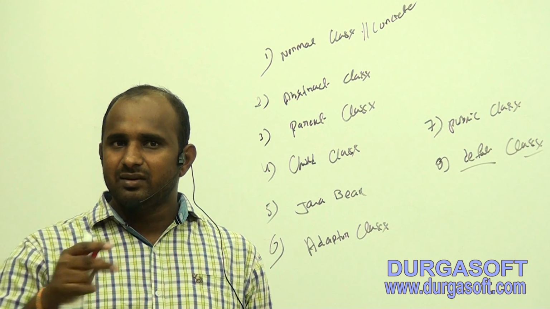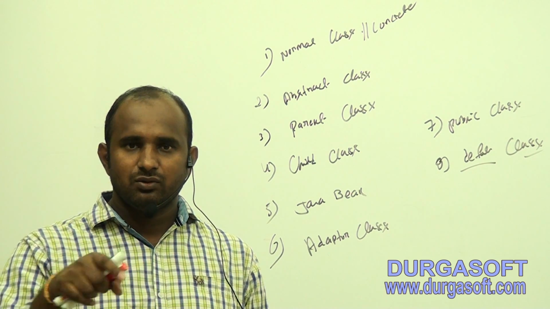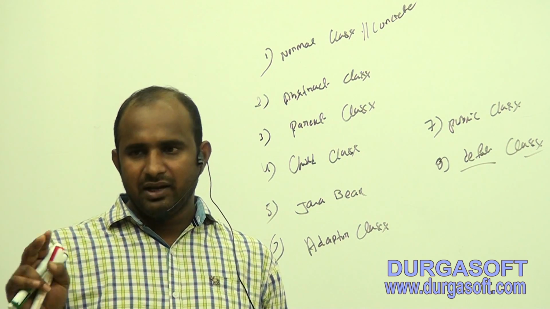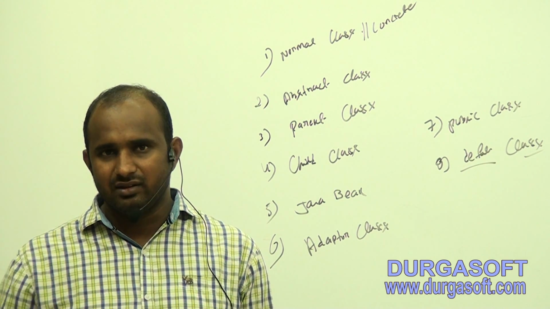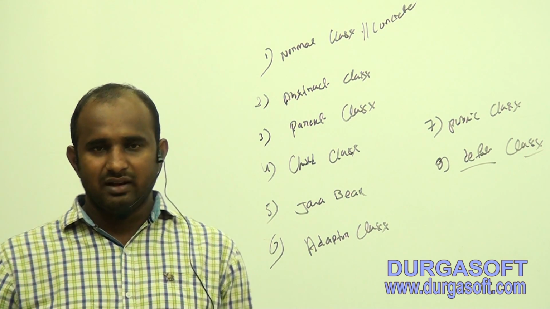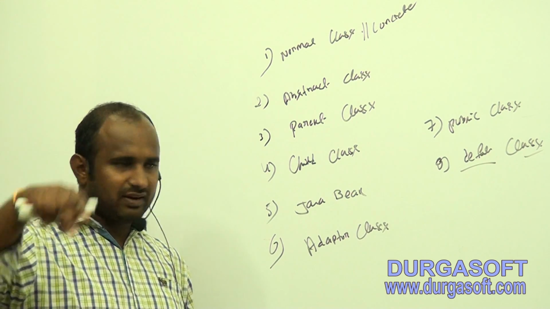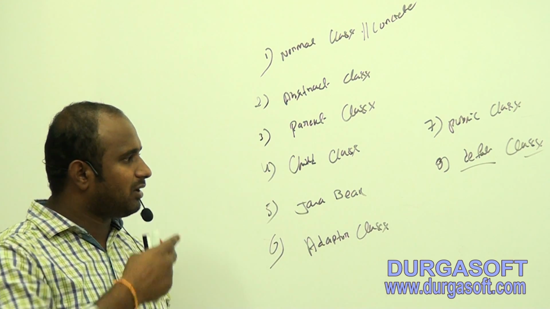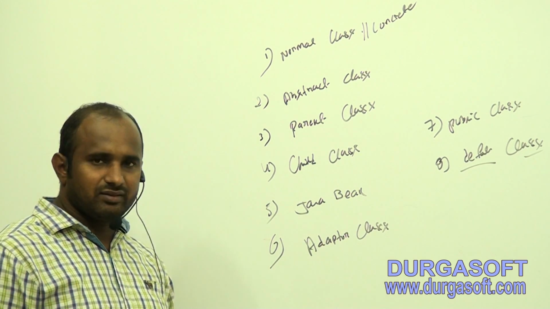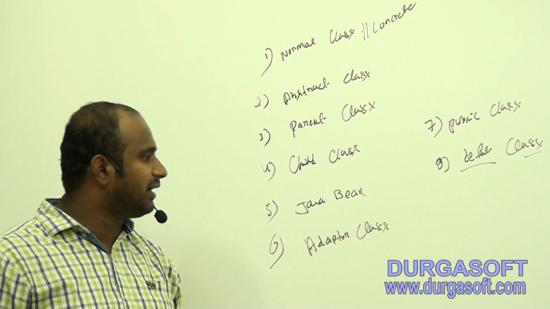In the methods concept, I will cover only instance and static. Through entire Java, you may come across how many methods? 23 methods. Like that, all these classes are listed, and you come across them in entire Java. In entire Java, you will come across these classes: default class and public class.